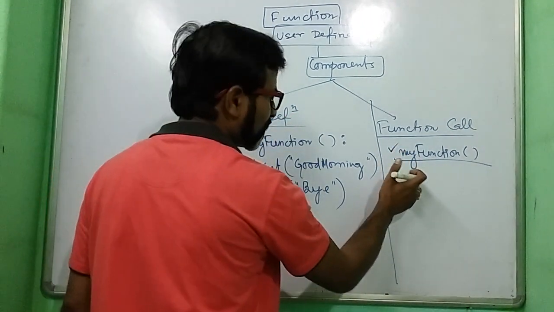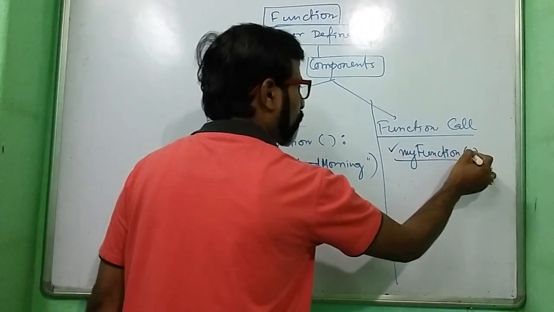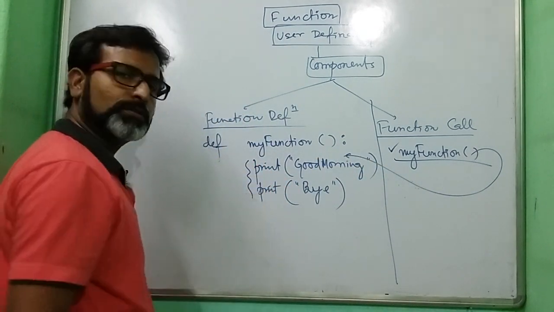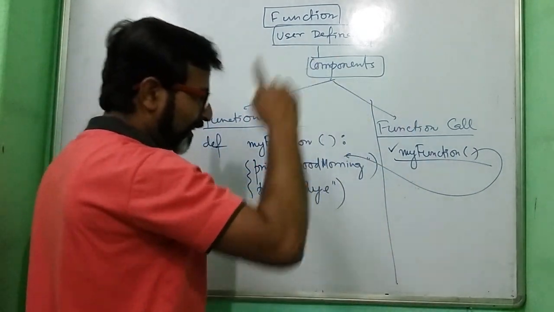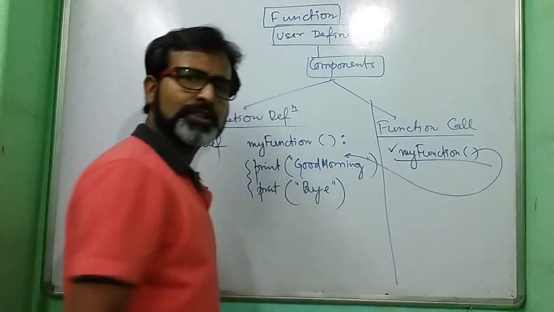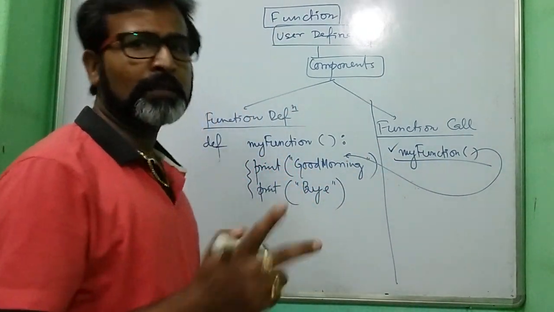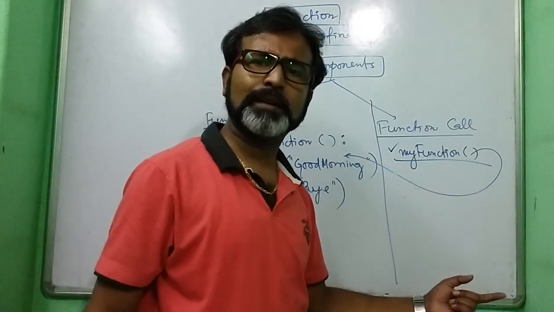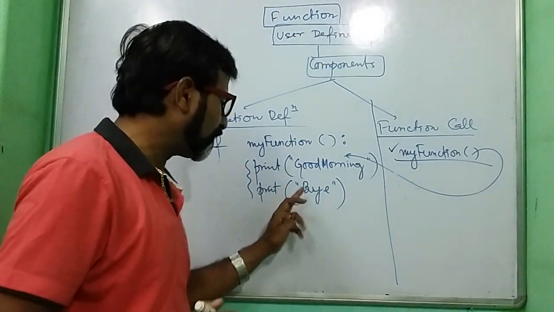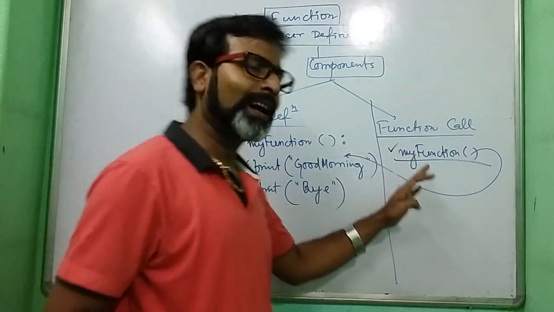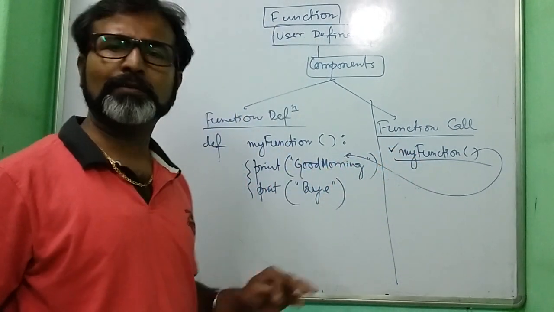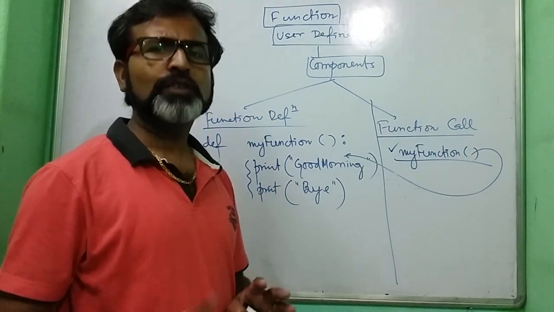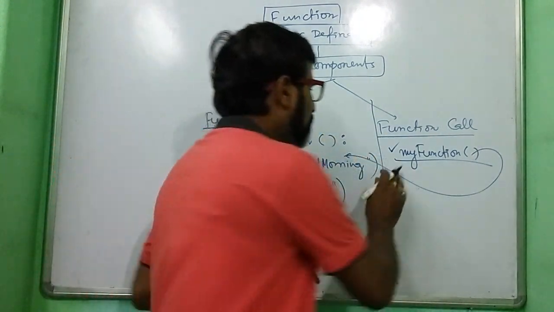So whenever I am just writing this, the program flow will jump from here to here and it will execute these two lines. So the number of times you write my function, it will show good morning, bye. How many times did I write it? One time, but over here you call 5 times. So you will see 5 times good morning, 5 times bye. If you call this 100 times, then 100 times good morning, bye will be shown. Getting my idea or not?